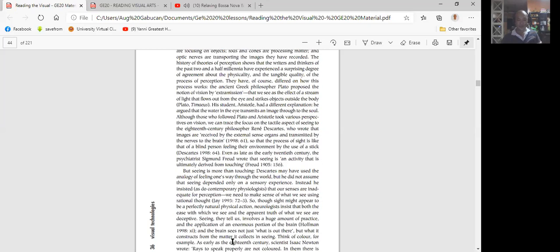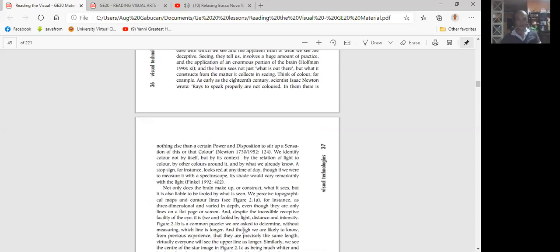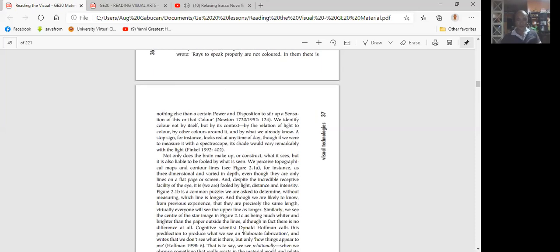So though sight might appear to be a perfectly natural physical action, neurologists insist that both the ease with which we see and the apparent truth of what we see are deceptive. Thus seeing involves a huge amount of practice, and of course the application of an enormous portion of the brain. So sometimes we can be fooled by what is seen.